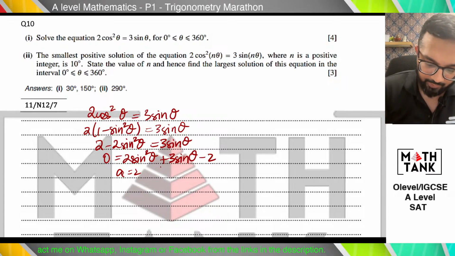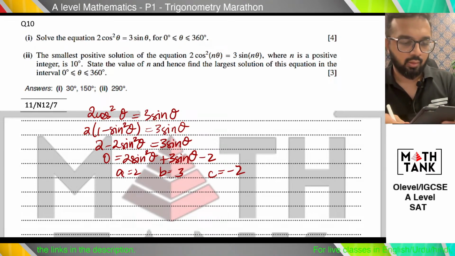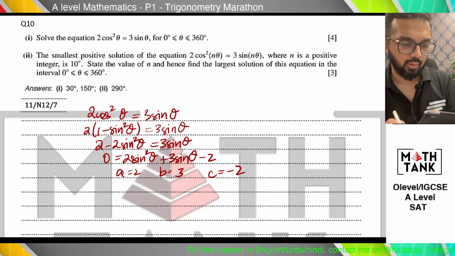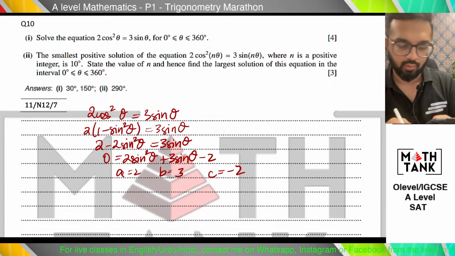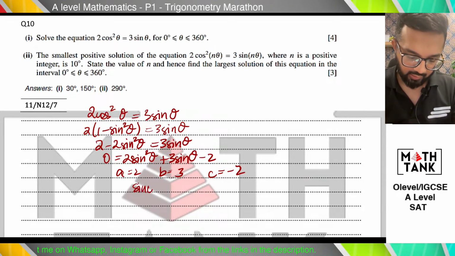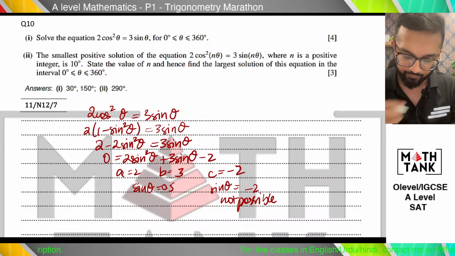So A is 2, B is 3, C is minus 2. Solutions are 0.5 and minus 2. Minus 2 is not possible because sine has to be between 1 and minus 1.